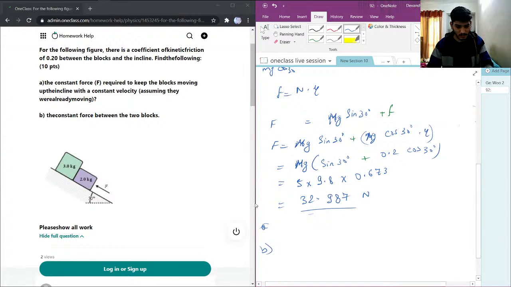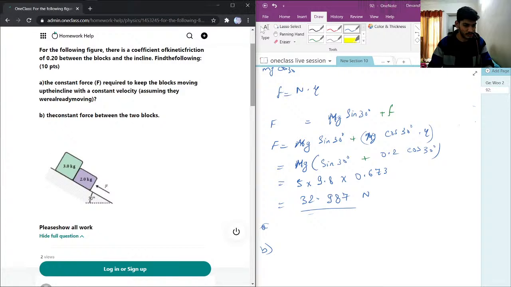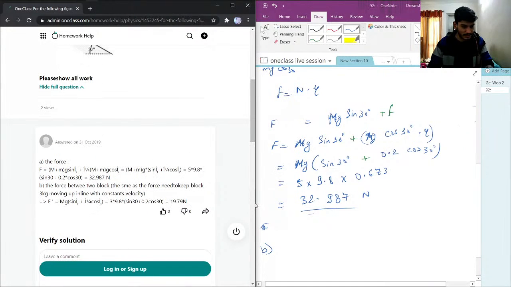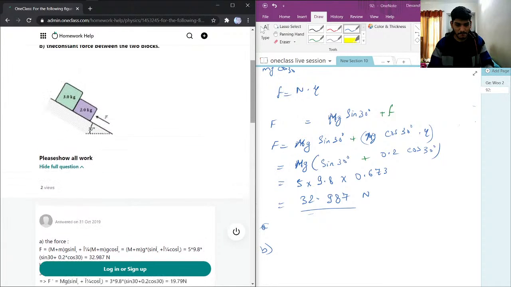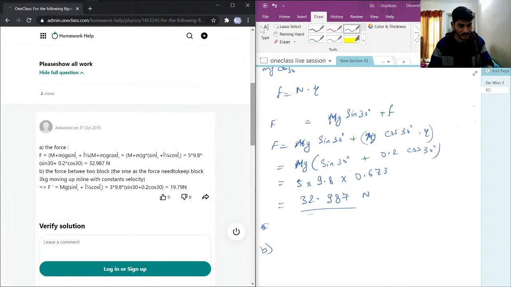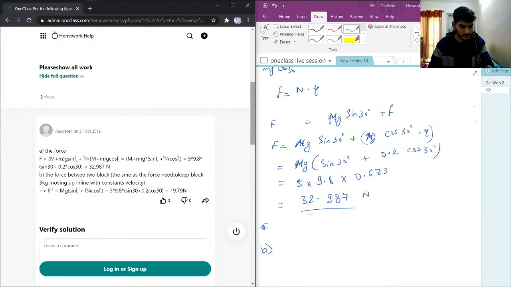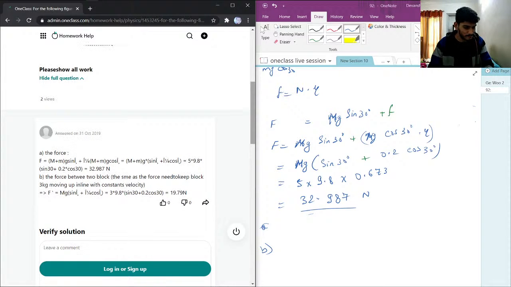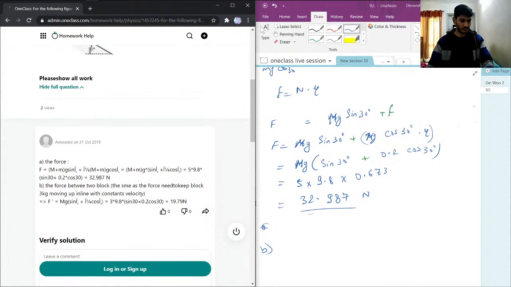Now we'll go for B part, the constant force between two blocks. The force between two blocks is the same as the force needed to keep the 3 kg block moving up the incline with constant velocity.